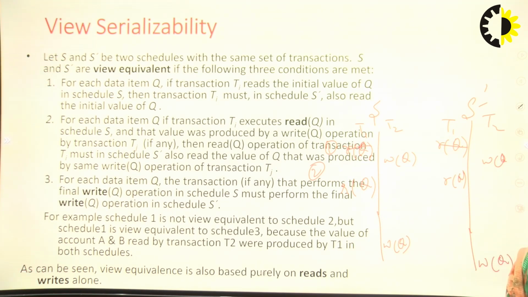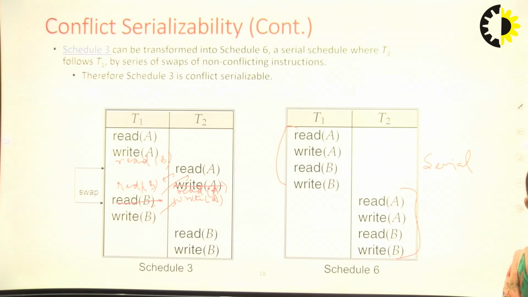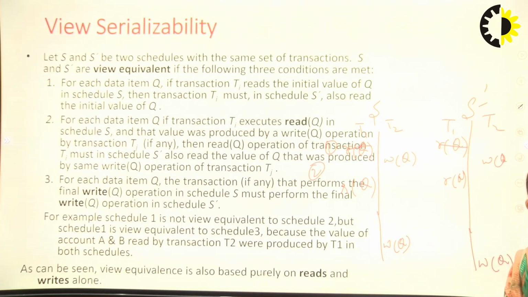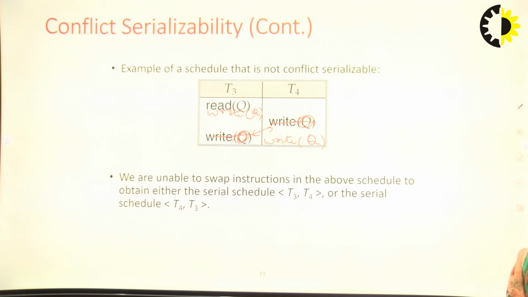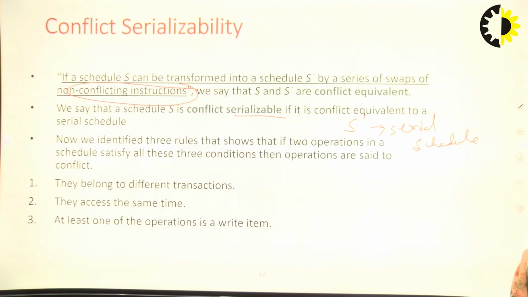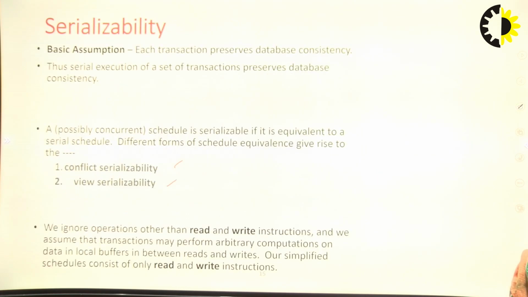So for example, schedule 1 is not view equivalent to schedule 2, but schedule 1 is view equivalent to schedule 3, because the values of accounts A and B read by transaction 2 were produced by T1 in both schedules. Let's move towards schedules 1 and 2.